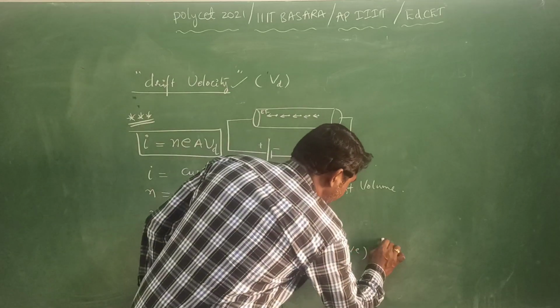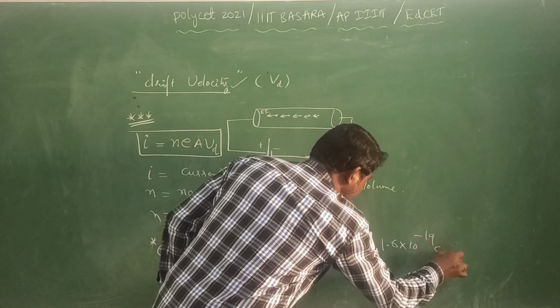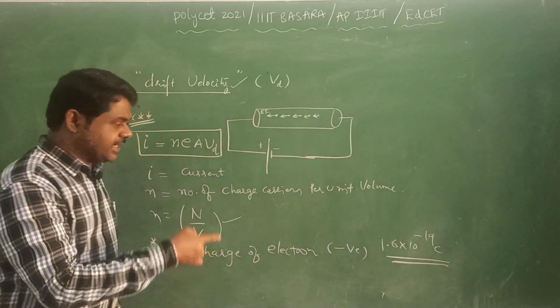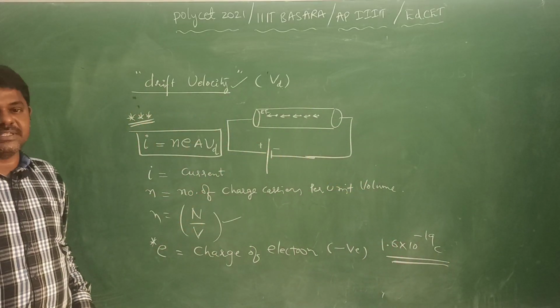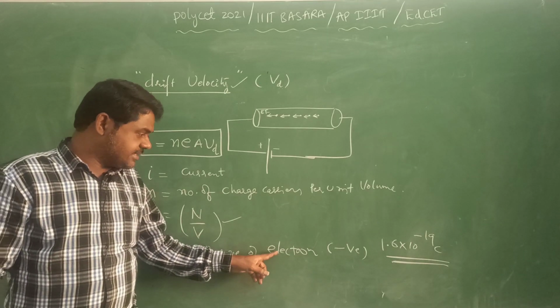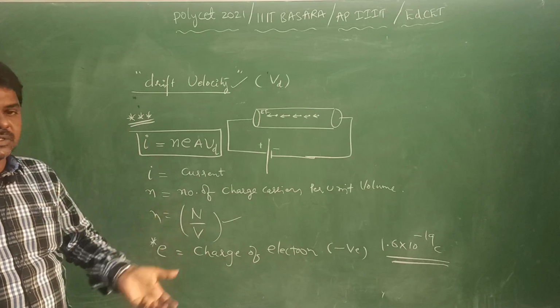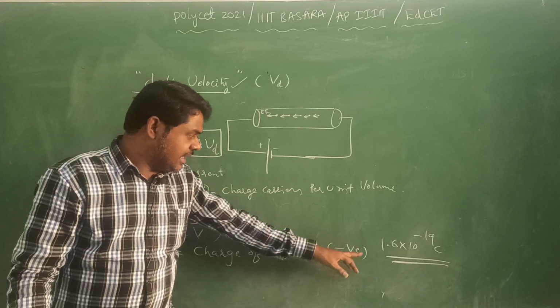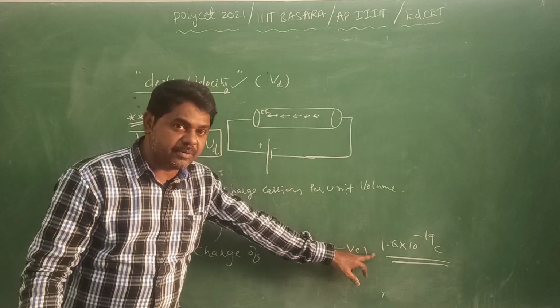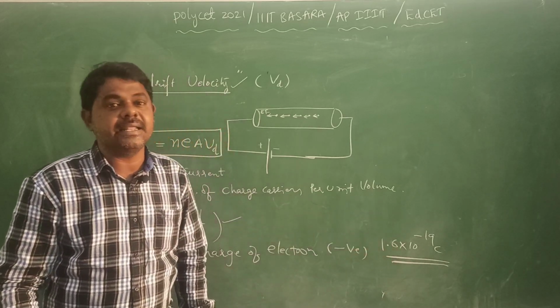Its value is 1.6 into 10 power minus 19 coulomb. That is a very important bit for the exam. The electron charge is negative because the electron is going to have the negative charge. Protons are going to have the positive charge, that already you know. And what is the magnitude of charge of electron? That is 1.6 into 10 power minus 19 coulomb.